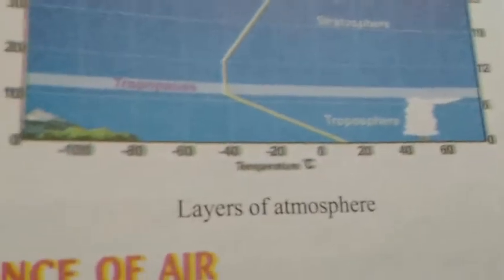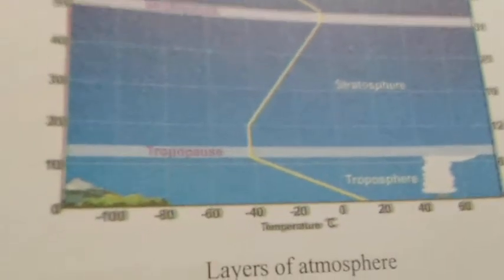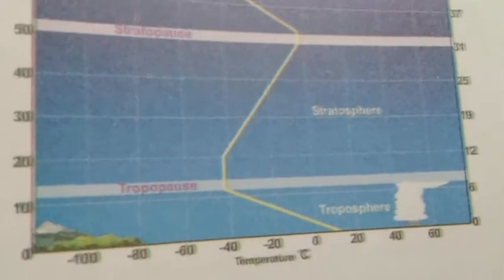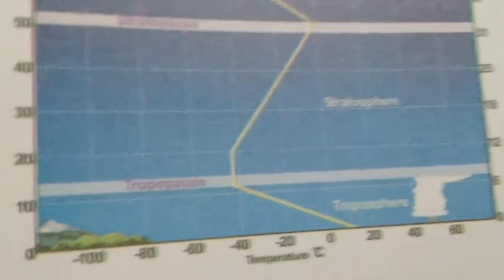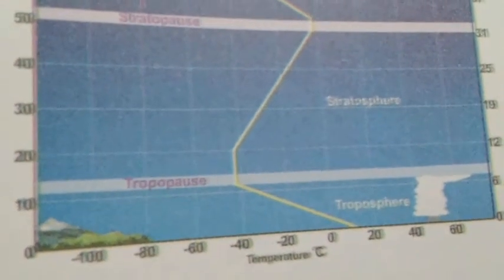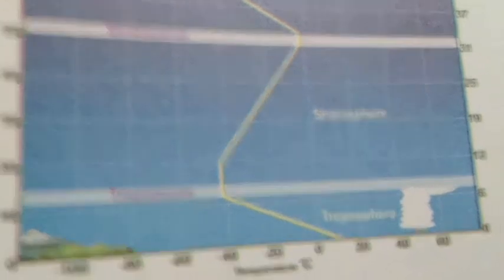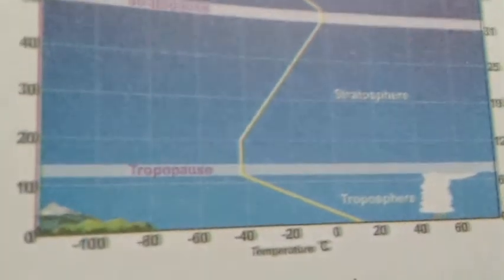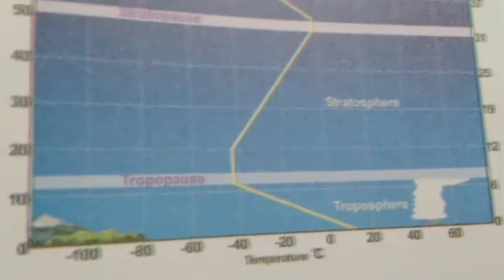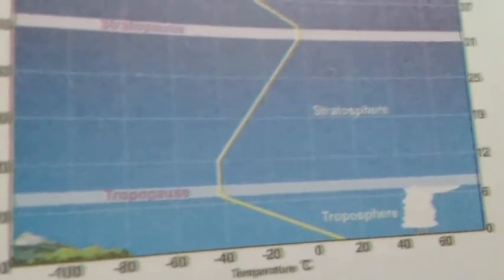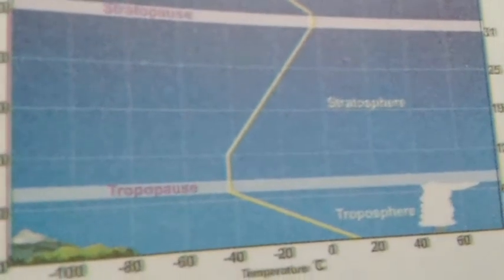Okay? And the next layer is what? It is stratosphere. But I forgot to tell you that in the layer of troposphere, the temperature of air decreases with increase in height.